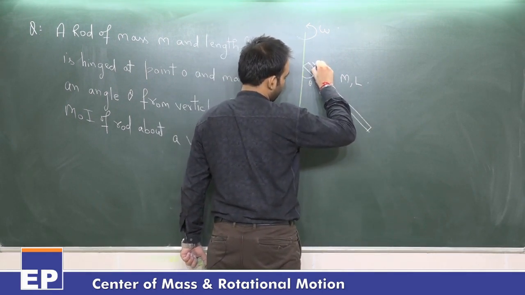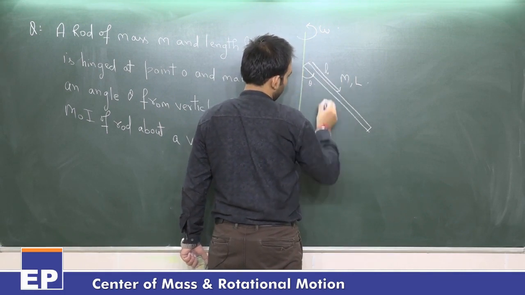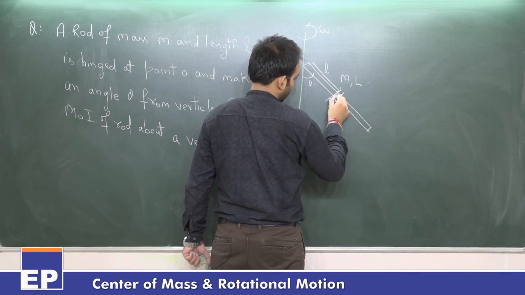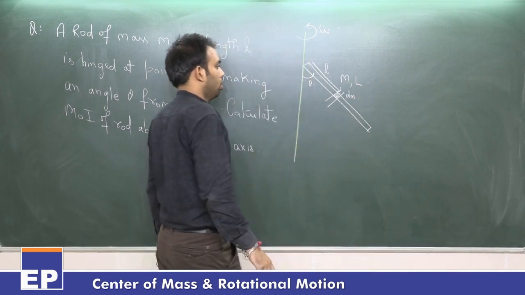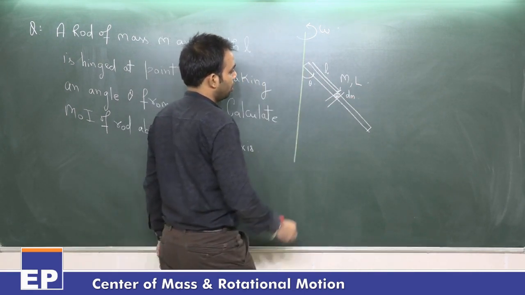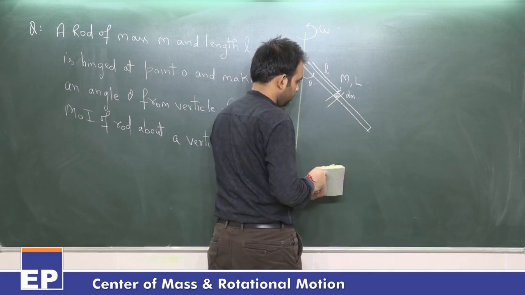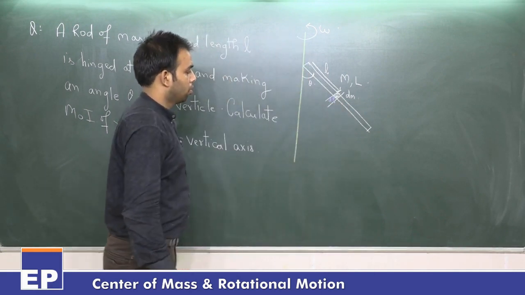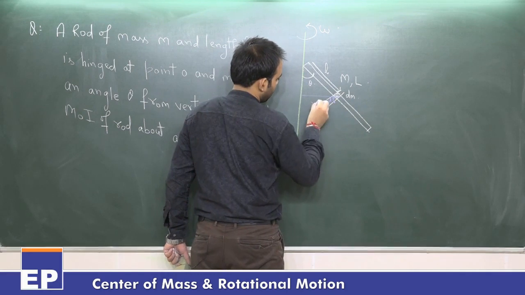Let's suppose you are moving a small distance l and you are taking dm. You have cut dl and its distance from the axis is this. This is r.